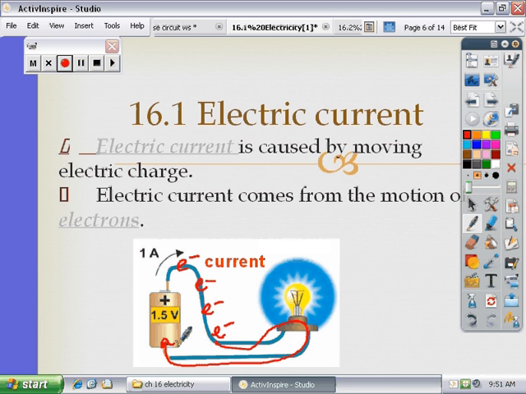You start at the beginning and you go around and you go back to the start again. So it all goes back to the electrons being used to make the electric current.